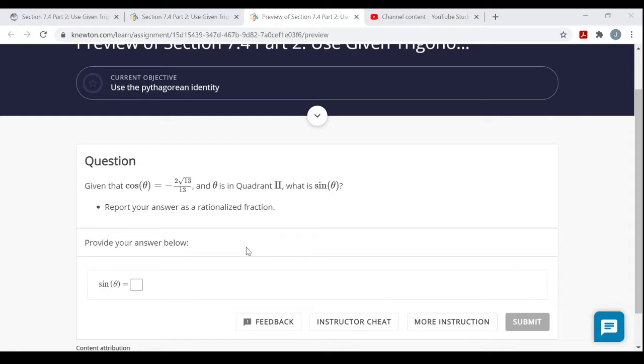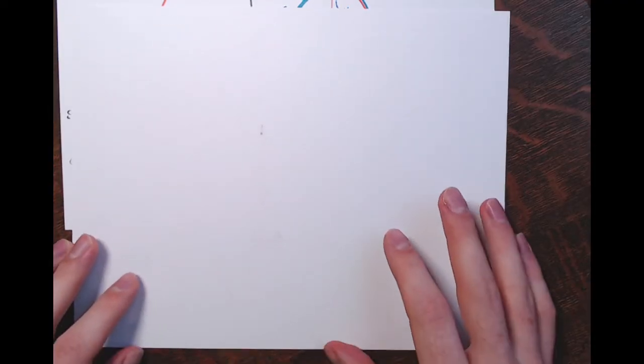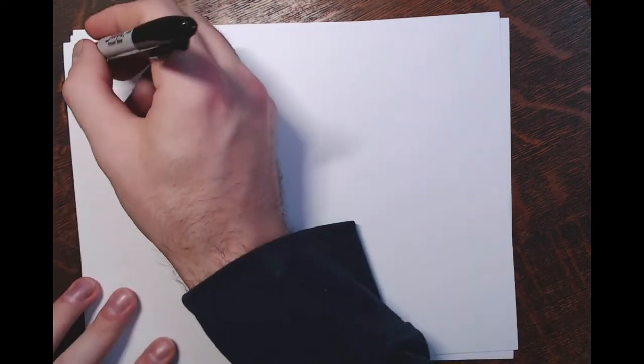Now I'm going to do this a couple ways. One is I'll do it with the Pythagorean identity. And another way is I'll draw a picture. And actually I'll draw the picture first. So going to some paper. We're asked to find the following.